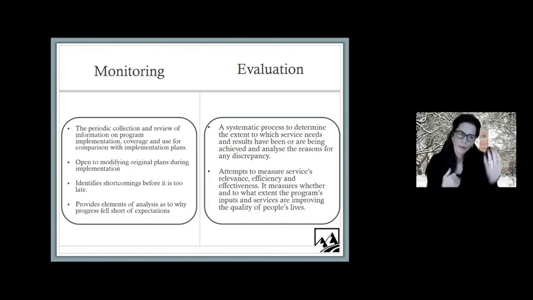So then we have evaluation on the other hand, which is the more systematic process determining the extent to which service needs and results have been or are being achieved, and analyzing the reasons for any discrepancy, and then looking at measuring a service's relevance, efficiency, and effectiveness, and if the program's inputs and services are actually improving the quality of people's lives, which, I think we could all agree, is the overarching goal of public health practitioners.